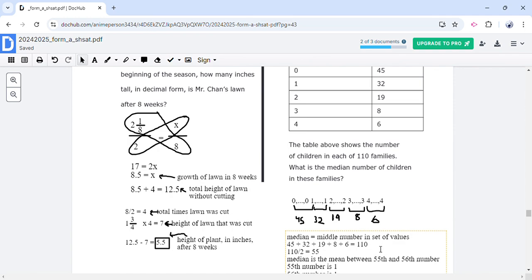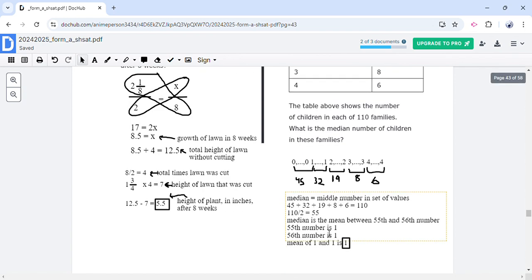So you can add all of that up, and you see that there are 110 families, or 110 numbers in total. And to find the middle value, you can divide 110 by 2, and that gives you 55. And when there's an even number of numbers, then the median is basically the mean between the two middle numbers. So in this case, it's the mean between the 55th and 56th number, and mean basically just means average.